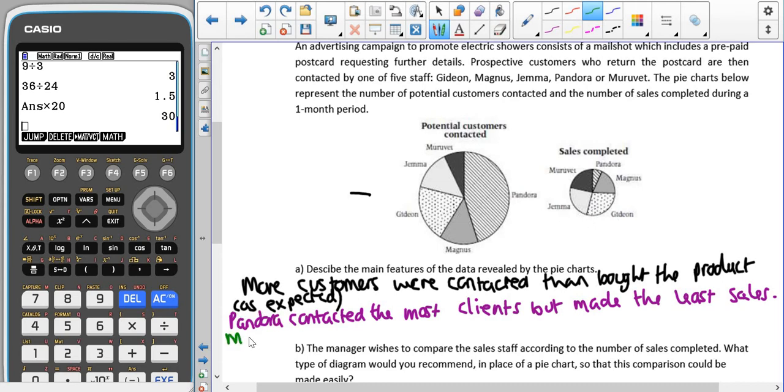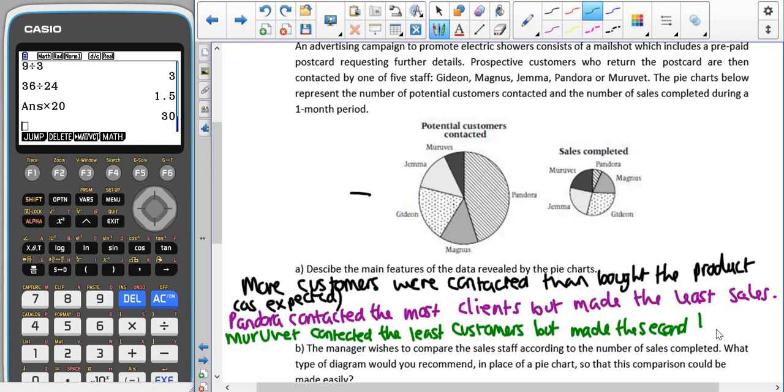So Mervet contacted the least customers, but made the second highest sales.